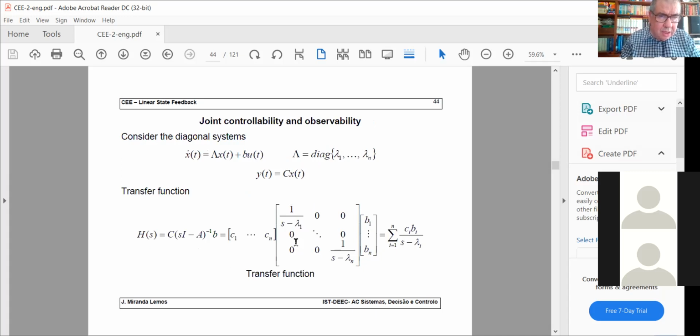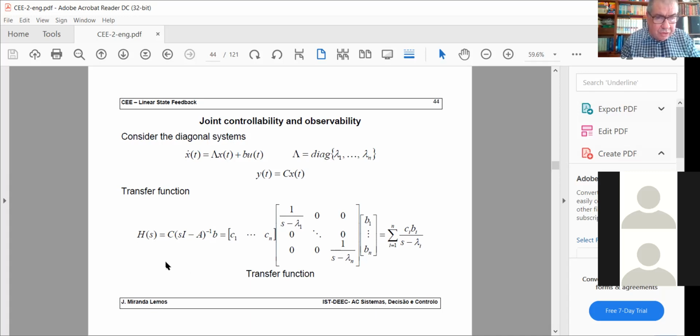Now consider again a diagonal system, but now with an input. The transfer function is, remember that general formula, C (sI minus A) inverse B. You don't have to remember it by memory; you have to know how to deduce this using the Laplace transform with zero initial conditions.